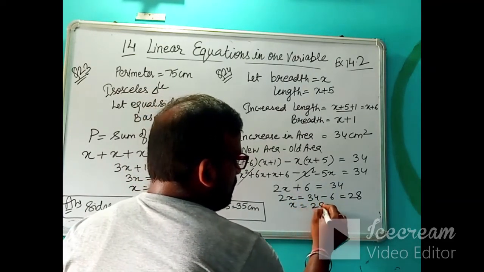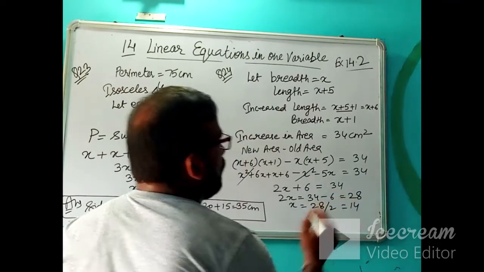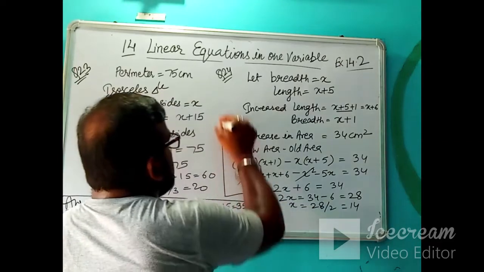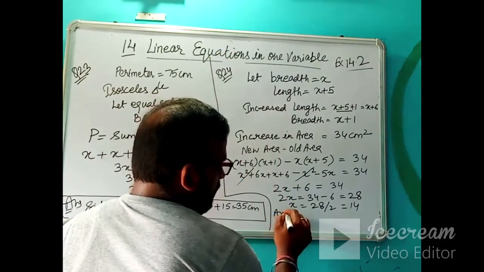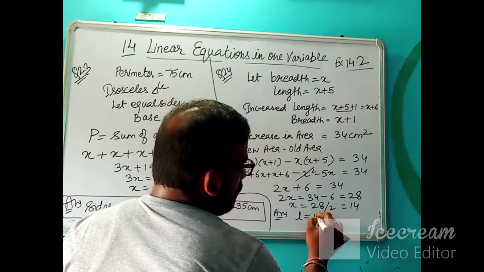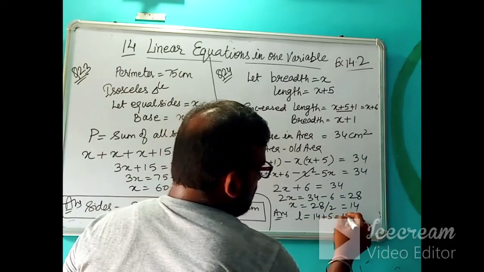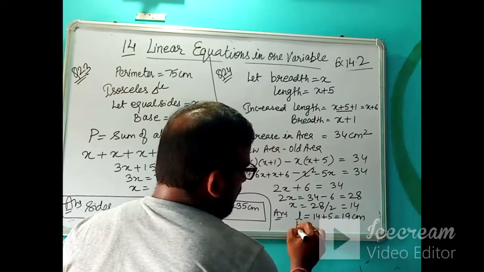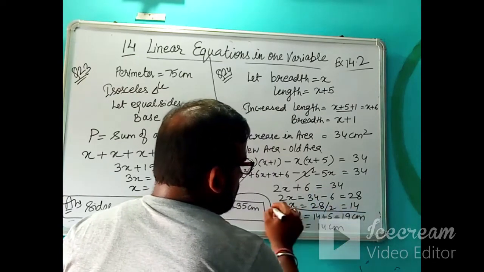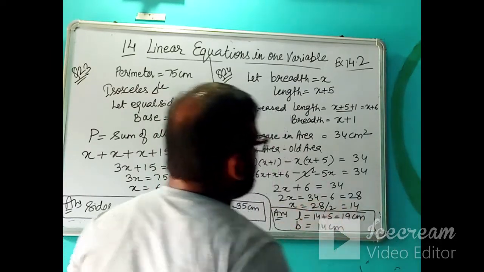So what is our x? 14. Our answer will be length equal to 14 plus 5, that is 19 centimeter, and breadth equal to 14 centimeter. So this will be our answer.